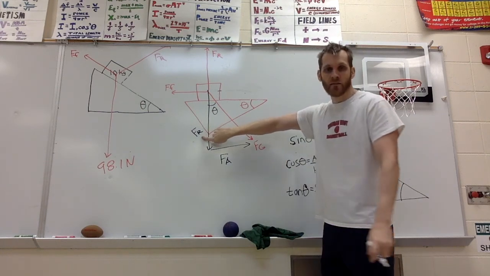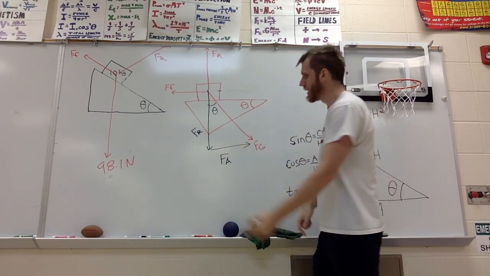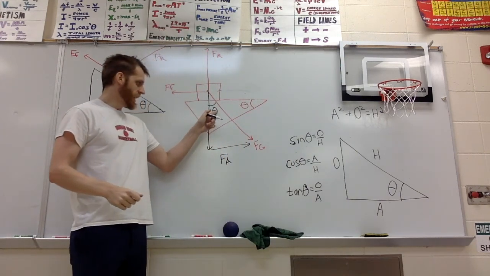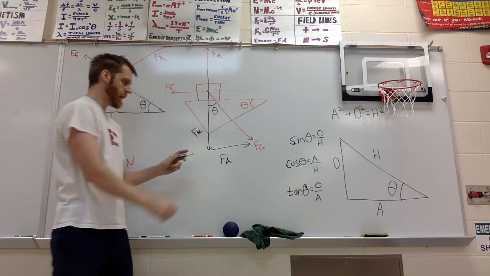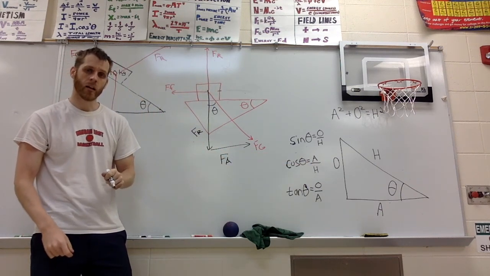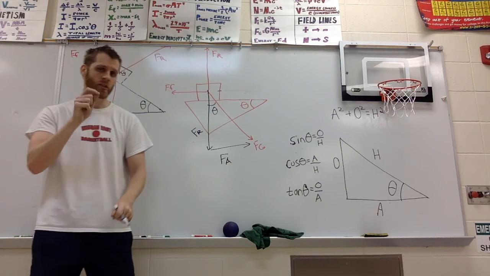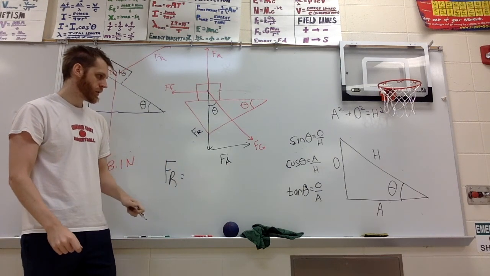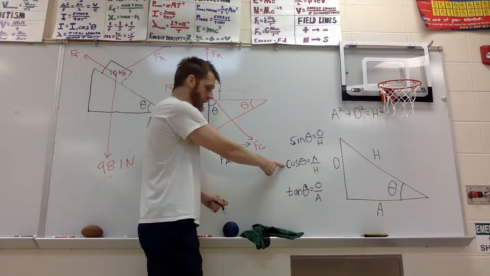The equation for reaction force can be solved because I have a triangle here. Now, this is the angle. I have to rotate my triangle around to make it look like this, but this is adjacent to that angle. Adjacent, and I have hypotenuse. The hypotenuse is gravity. So the reaction force is equal to, well, solving for it, it's going to be cosine.